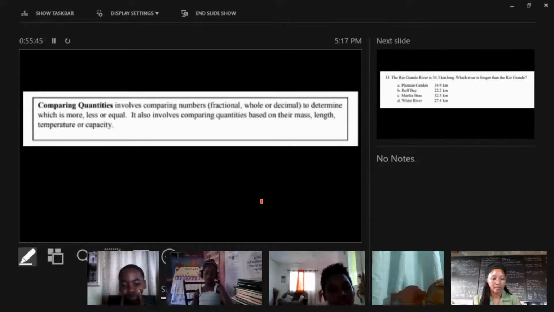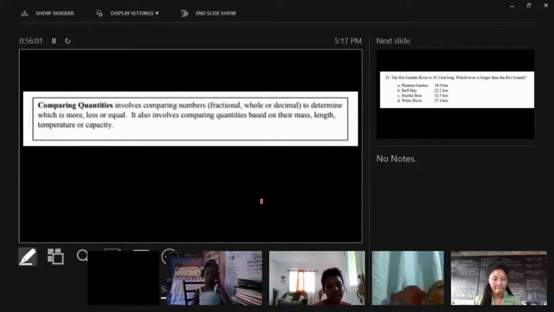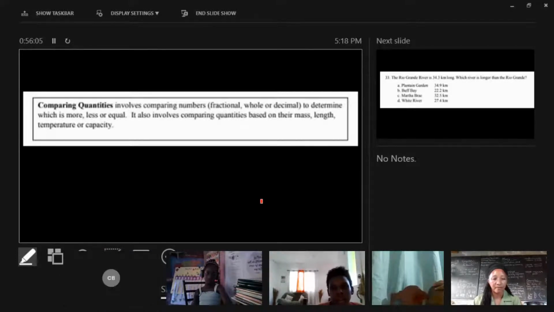But it also involves comparing quantities based on their mass, length, temperature, or capacity.